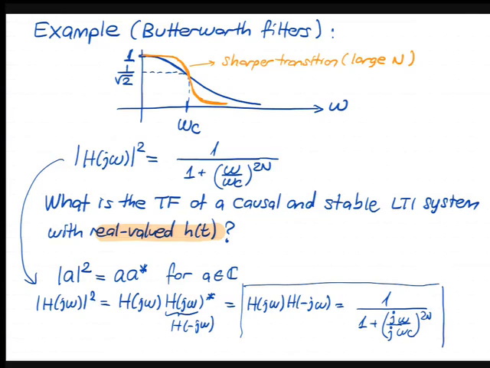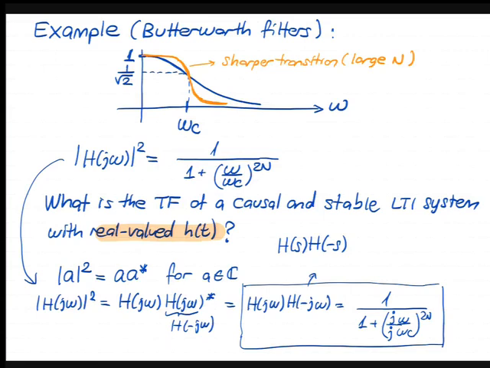So from this expression, can you tell me what h of s times h of negative s should be? Basically, when you see a j omega, call it s. That's how we go between frequency responses and transfer functions. So what is the right-hand side?